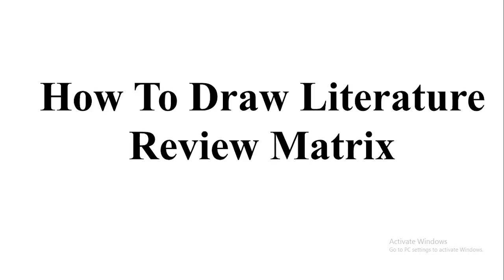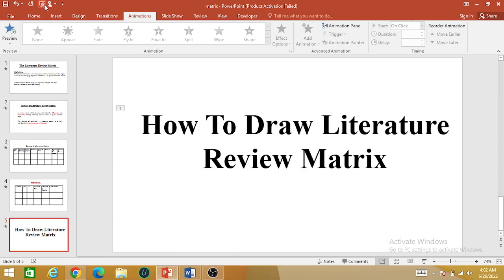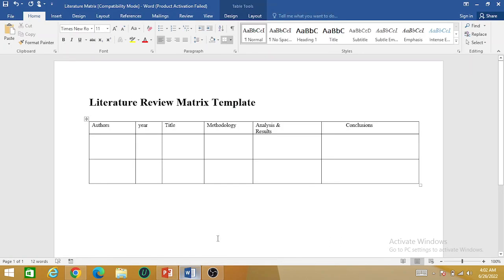Now let's see how to draw a literature review matrix. How can we make the literature review matrix for our research purpose? This is very simple. You just need to open your Word document. This is, for example, my Word document.